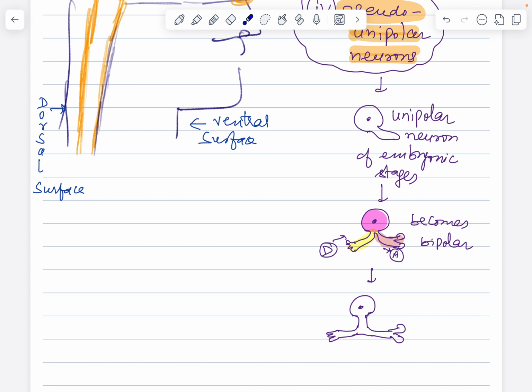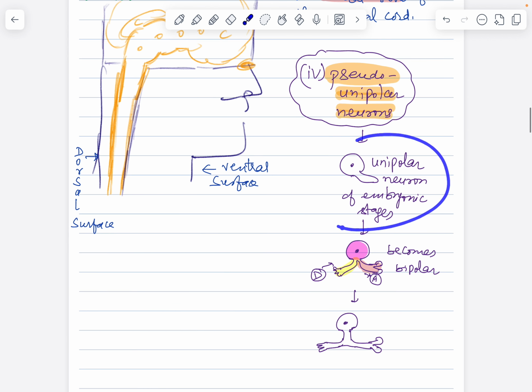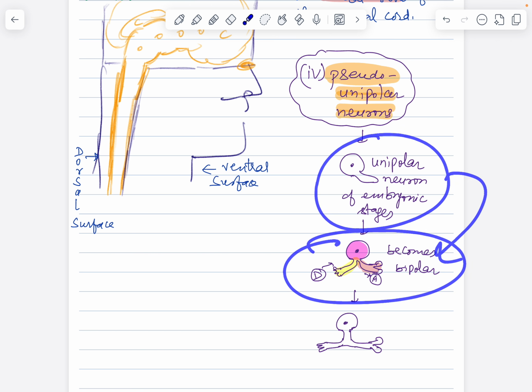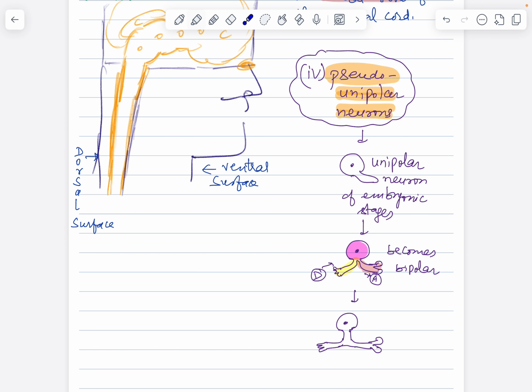From the embryonic stages when it was unipolar, it already becomes what? Bipolar. But from the bipolar stage, again, because of fusion of this portion of the processes, it looks like the neuron has got a dendron and an axon, the same dendron and axon which were there earlier.